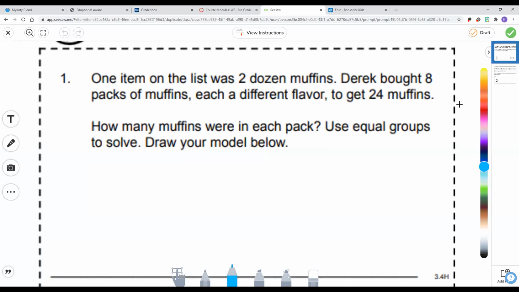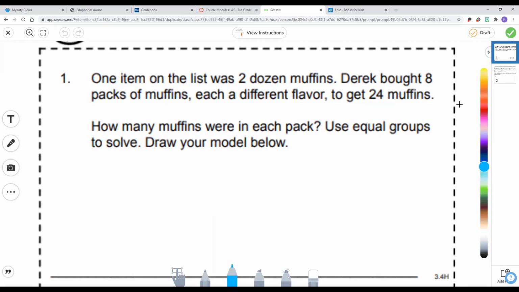Derek bought 8 packs of muffins, each a different flavor, to get 24 muffins. How many muffins were in each pack?